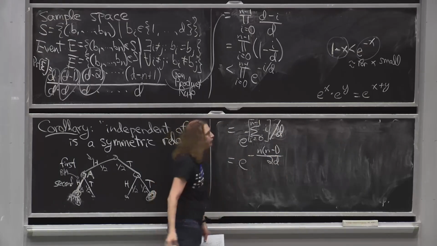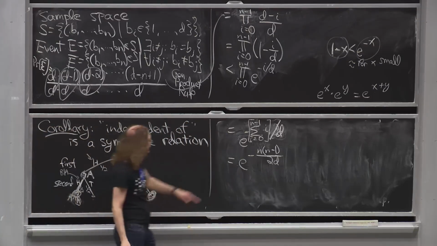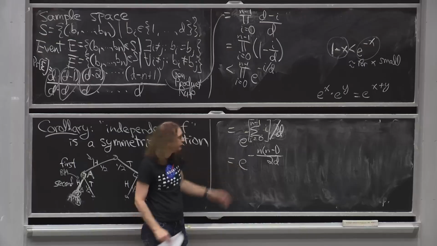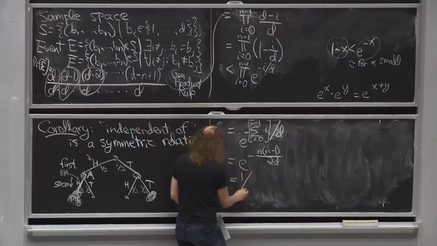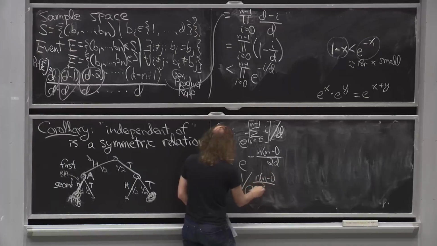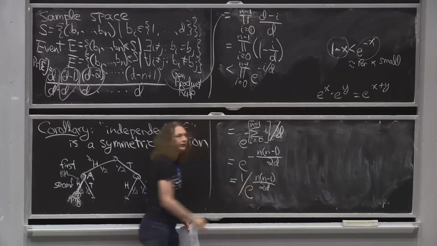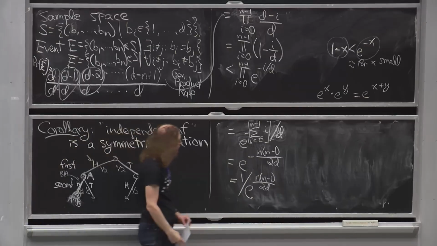OK, so this was the probability that there are no duplicate birthdays. And you can see it goes down exponentially. Remember, e to the x is 1, e to the minus x is 1 over e to the x. So the denominator here is increasing exponentially as we increase n.